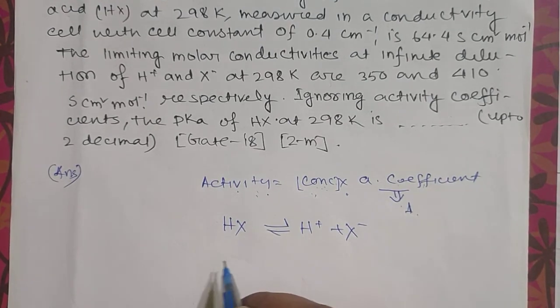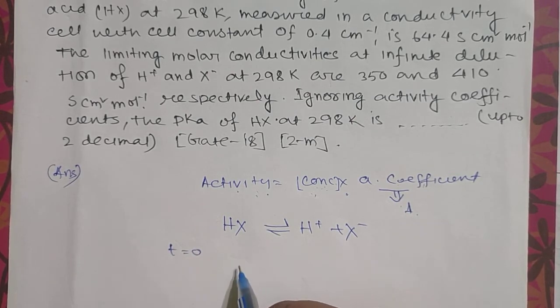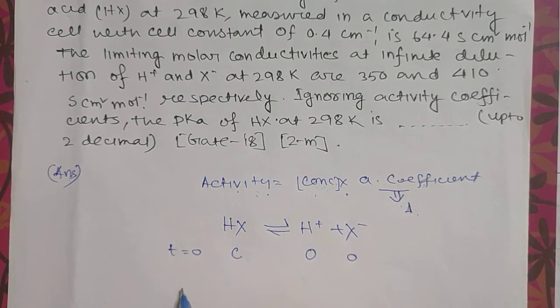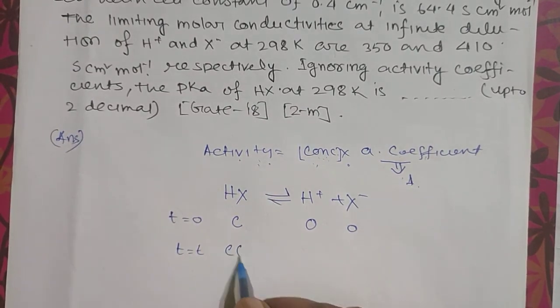In that case of dissociation, at T equals 0, meaning the time when the reaction initiates, the concentration of HX is C, and H plus and X minus are 0 and 0. After time T, HX will be C into 1 minus alpha, and H plus and X minus are each C alpha.